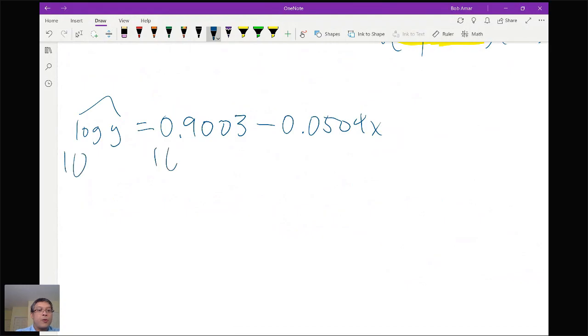And so if I raise 10 to both sides, that's going to undo the transformation, right? And so this is 7.948.